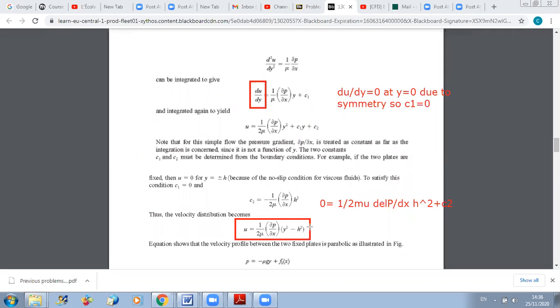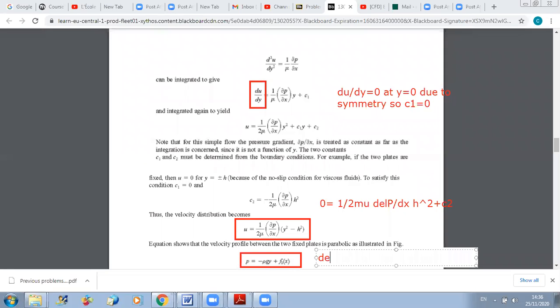I still need to finish the pressure profile. So for the pressure profile, what I know until now is the following: that p can be written as p equals minus rho gy plus f of x. Okay. How to continue now? To continue, I should use the result that del p by del x is a constant.